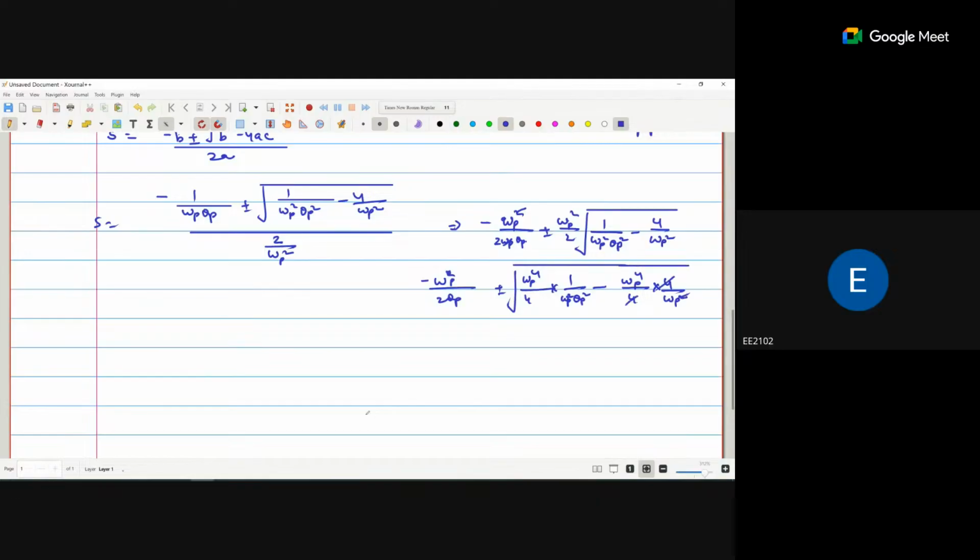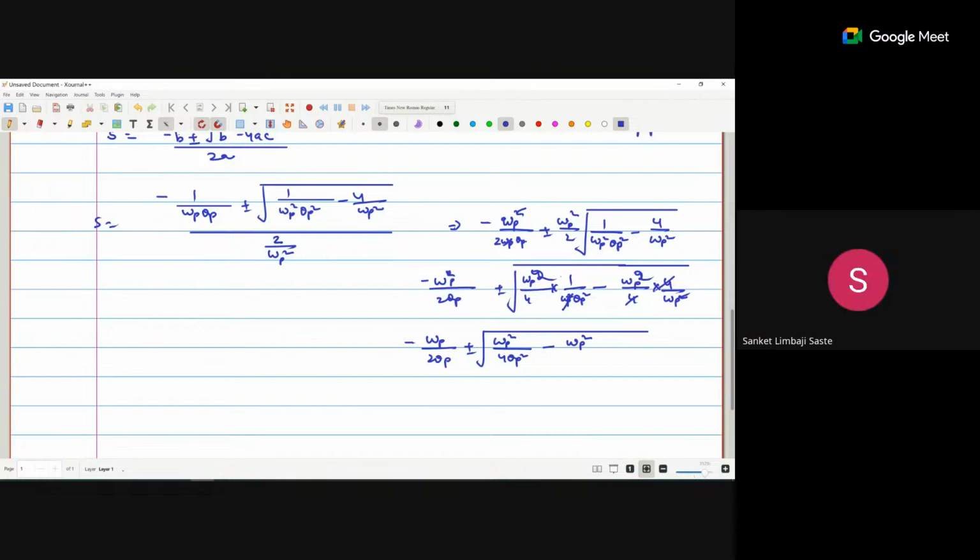So these are cancelled out, this is square, these are cancelled out. So that is minus omega p upon 2 qp plus minus the square root of omega p square upon 4 qp square minus omega p square.